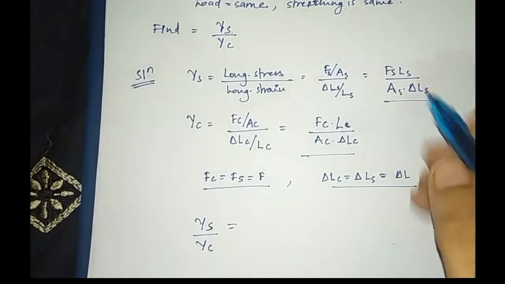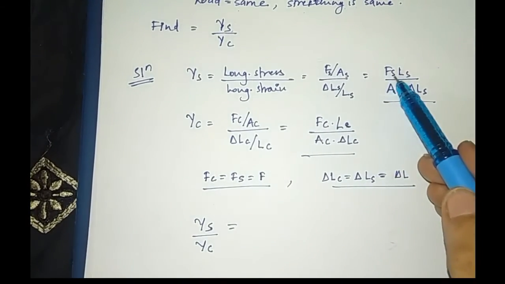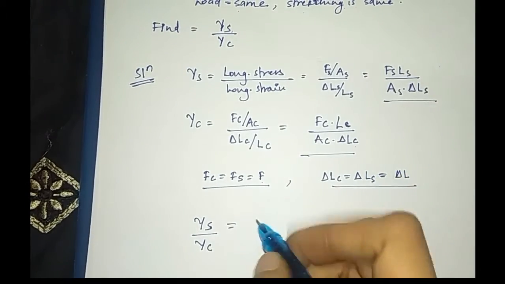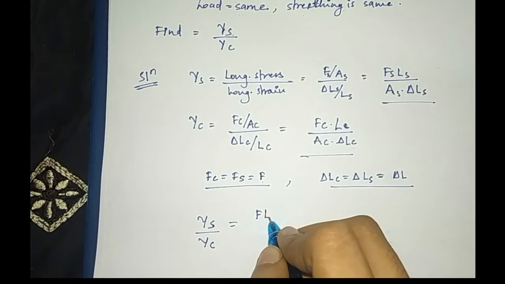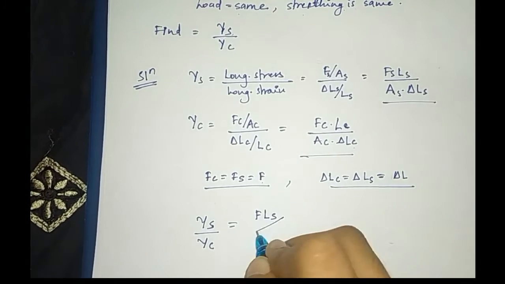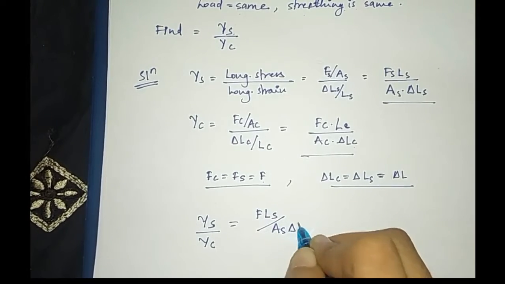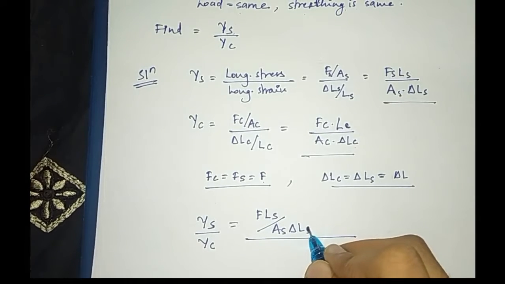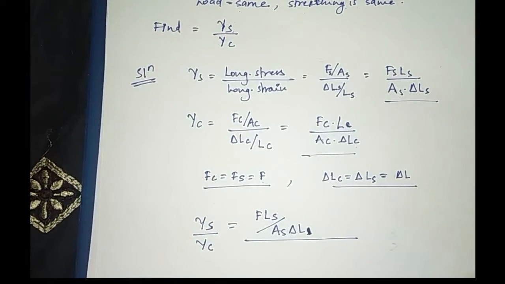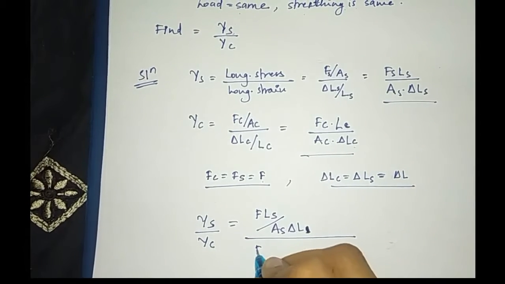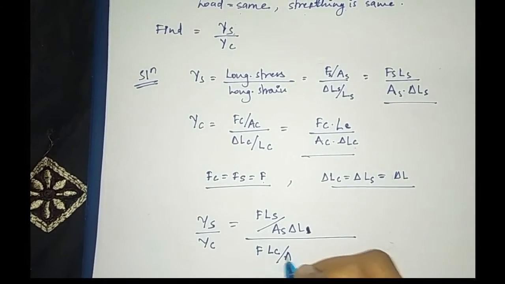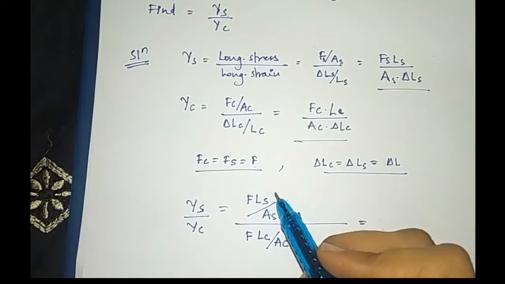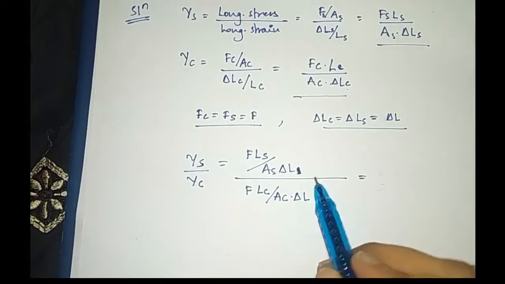While writing, I will write Fs and Fc as F, and delta Ls and delta Lc as delta L. So the numerator will be F Ls divided by area of steel, delta L, whole divided by, I'll write just delta L because it's the same quantity, F Lc upon area of copper into delta L. Now let's cancel off the same quantities, the forces and the delta L.